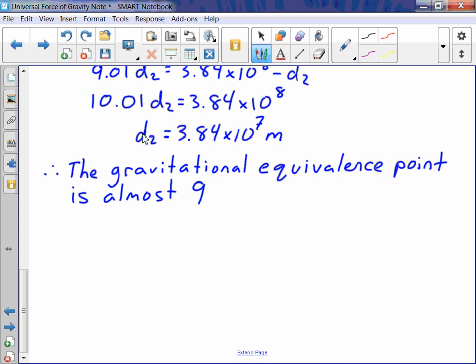It's the distance from the Earth, 90% of the way between the Earth and the Moon. So it's about right here. We get really close to the Moon when it would be the equivalent.